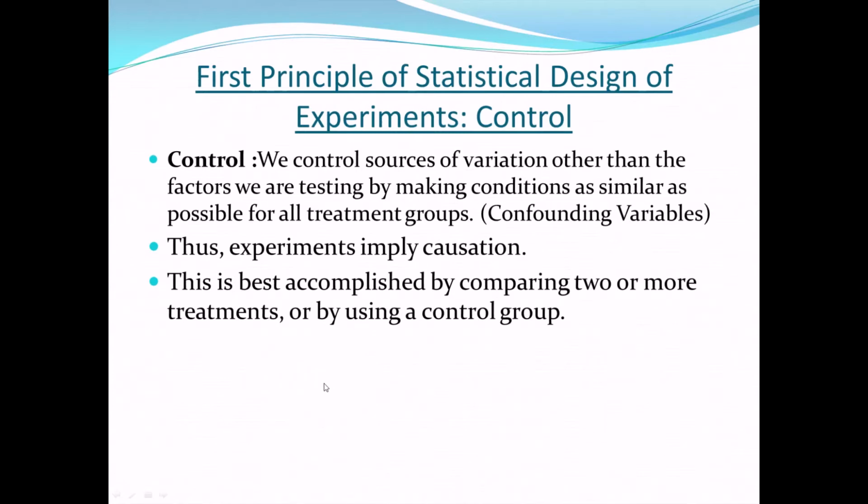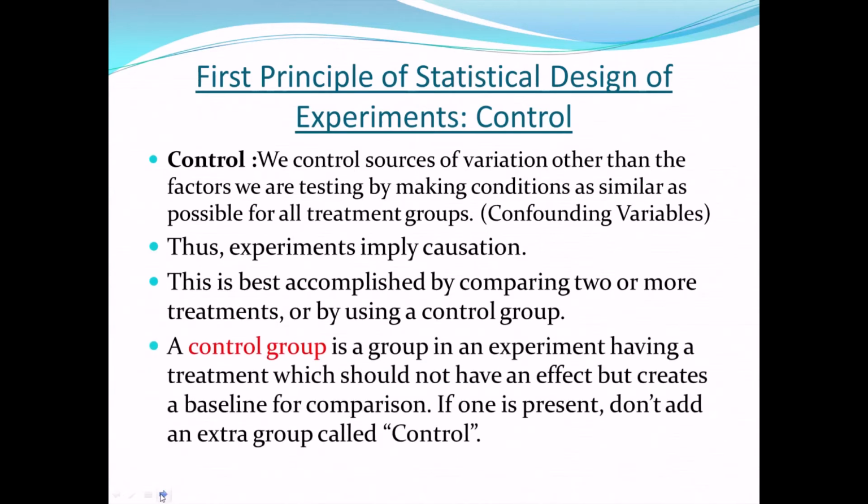All right, so we will be comparing two or more treatments or by choosing a control group. You'll see how that comes together. So, a control group. I'm afraid I may have left this a little bit confusing, but it's just a group in an experiment having a treatment that shouldn't have an effect but creates a baseline for comparison. If you already have a group that's named something else that's doing that, that is your control group.